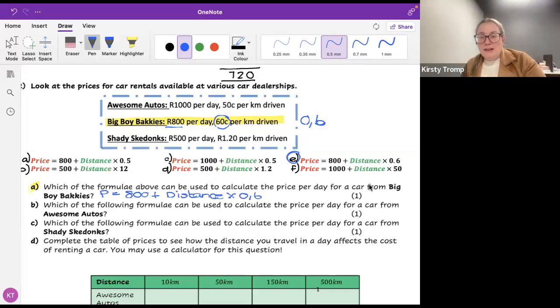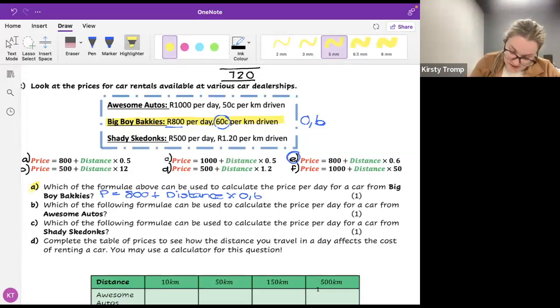Umar, you had your hand up next. Do you want to help me with Awesome Autos? Ma'am, I wanted to show you another way of calculating multiplication. Okay, tell me. Ma'am, may you please scroll up a bit? Of course.